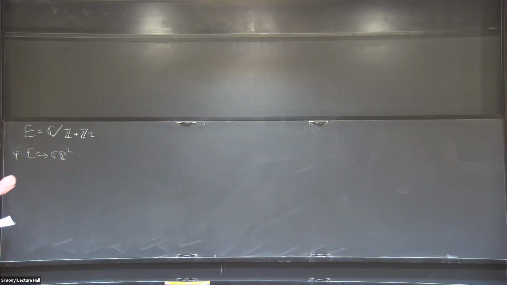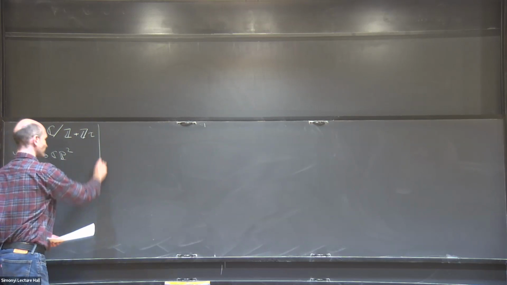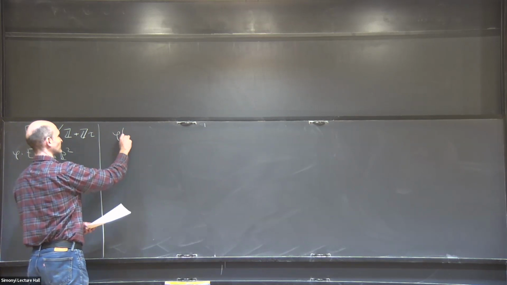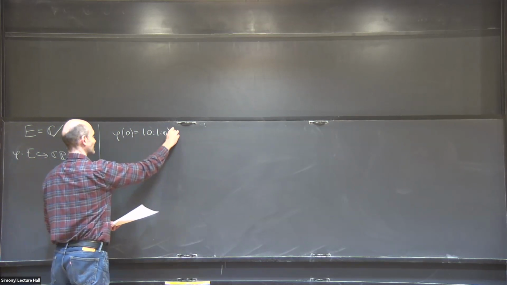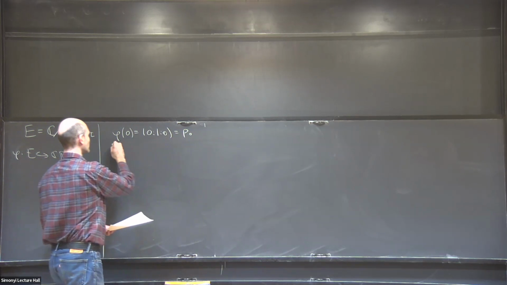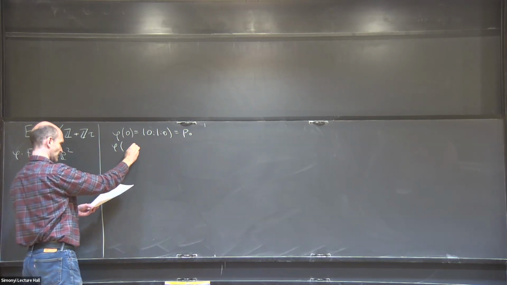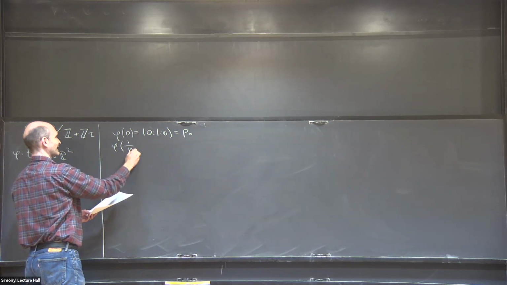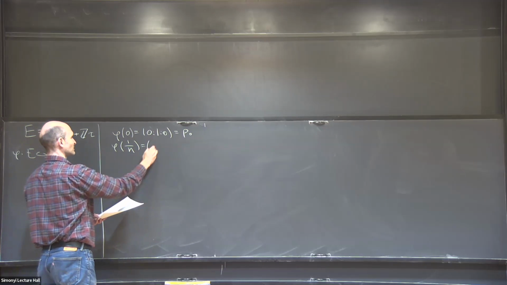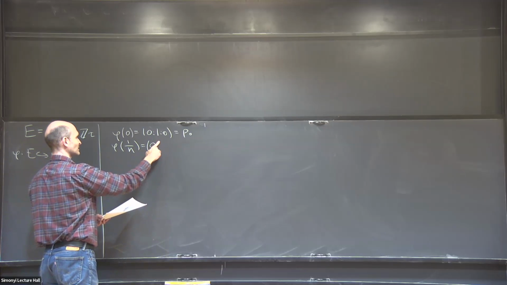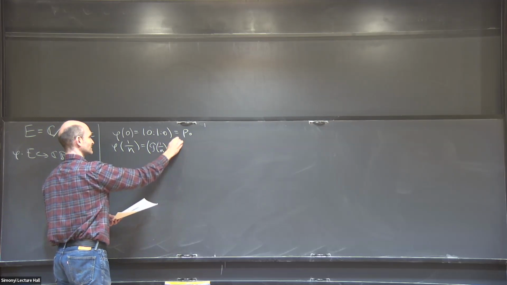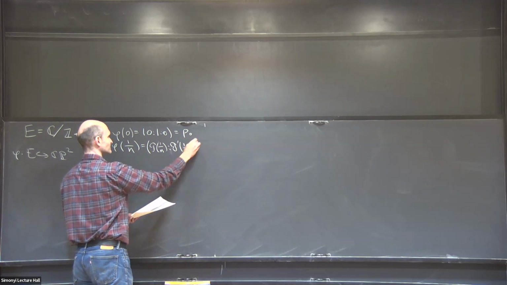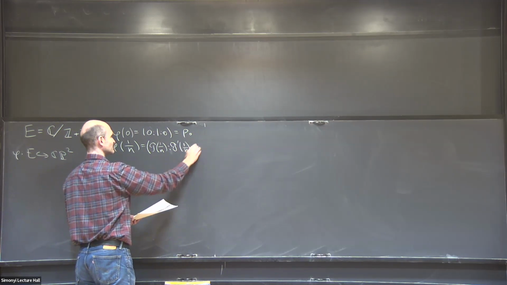Phi of the origin is 0, 1, 0, and this is my P0. Phi of 1 over n is the Weierstrass function at 1 over n, its derivative at 1 over n, and 1.